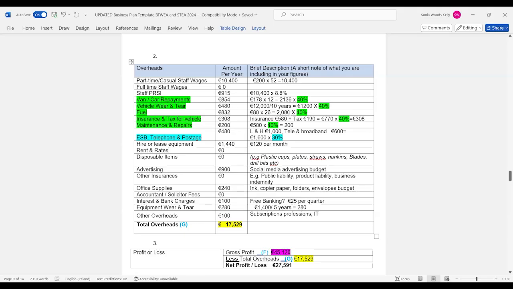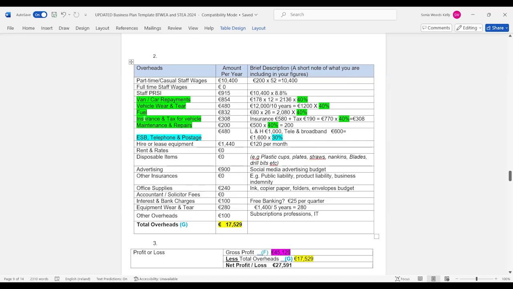So 2,080 euros multiplied by 40% comes to 832, and that's my estimate for my business fuel costs for the year. Put all your workings into this section here. It's helpful for yourself, and it's also helpful for the person assessing your application.